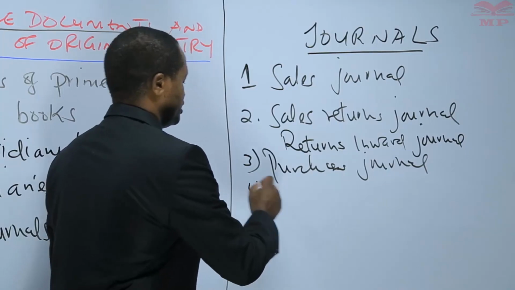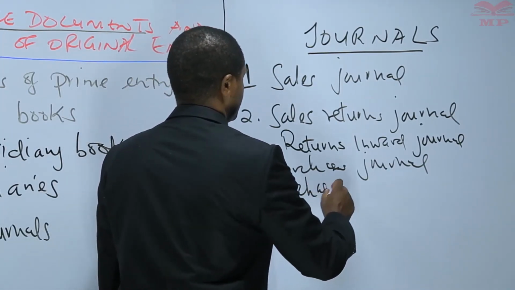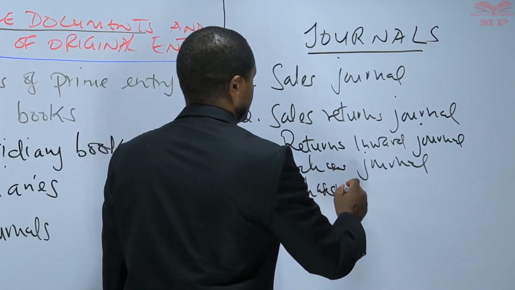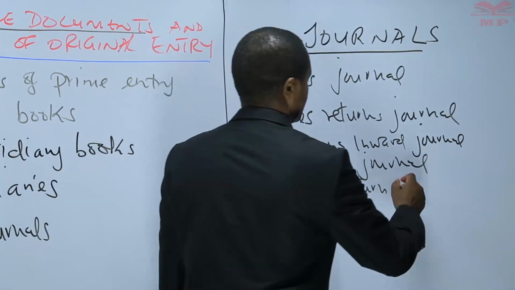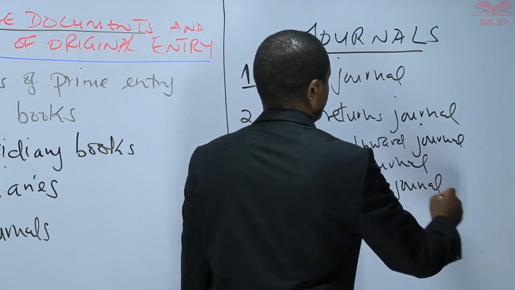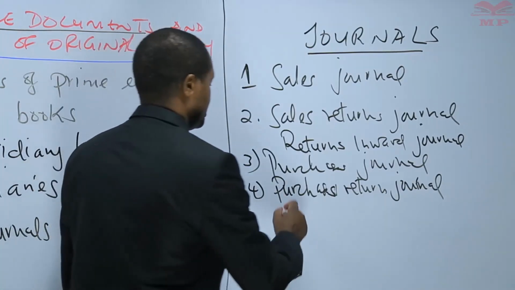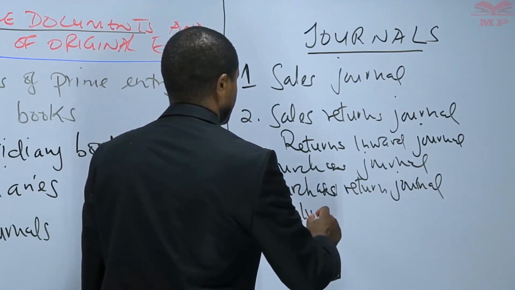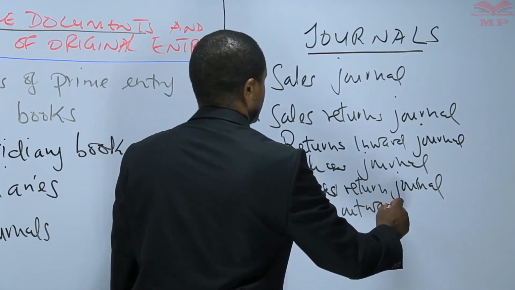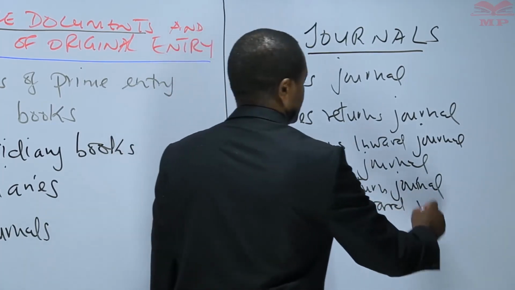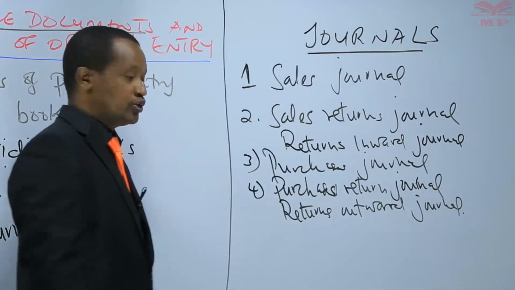Number four is the purchases returns journal, which may also be referred to as the returns outward journal.